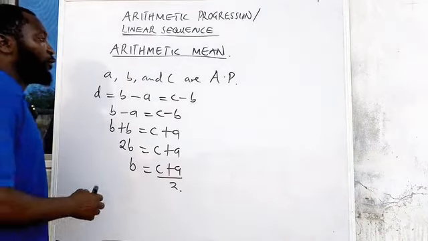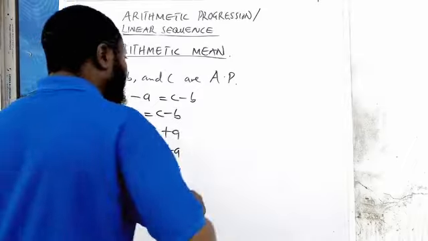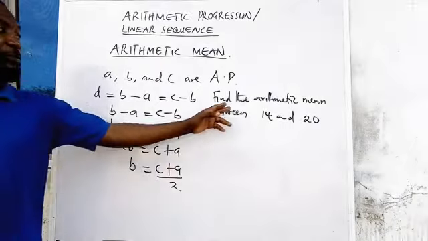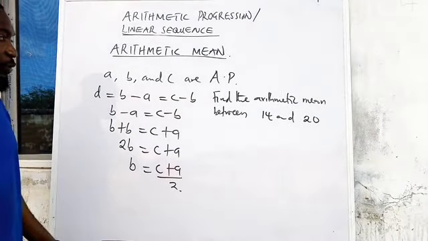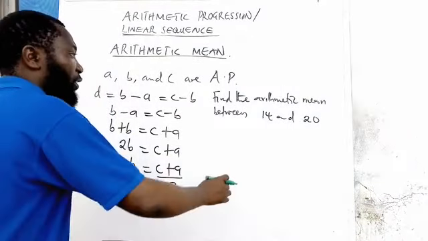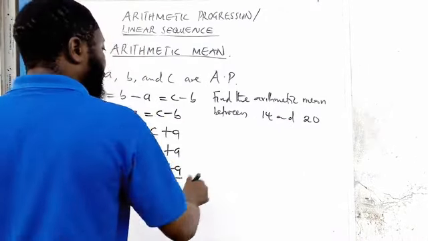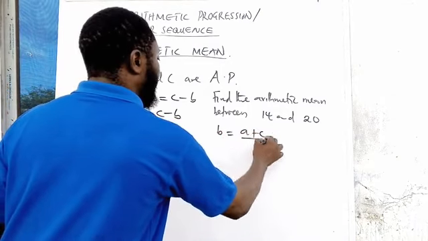For example, let's take this as an example. Find the arithmetic mean between 14 and 20. So what do we do? Our A is 14, our C is 20. The arithmetic mean, which we represent by B, by the formula is (A plus C) divided by 2.